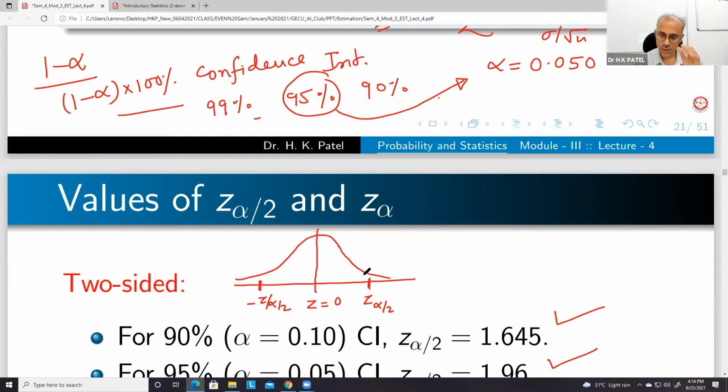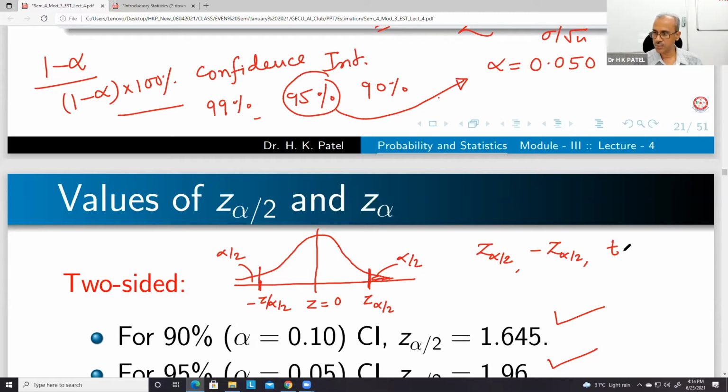We have seen the definition of Z alpha by 2: it is the point such that the area in the right is alpha by 2. So this area is alpha by 2. These points are Z alpha by 2 and minus Z alpha by 2.